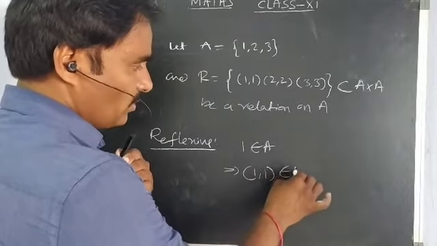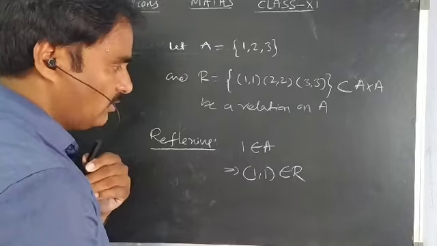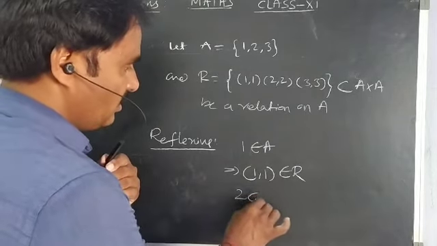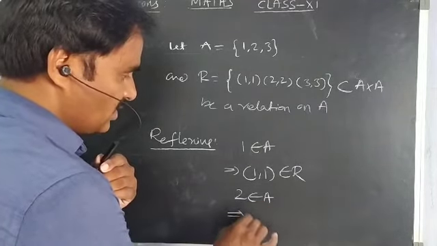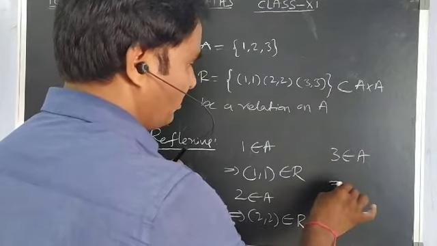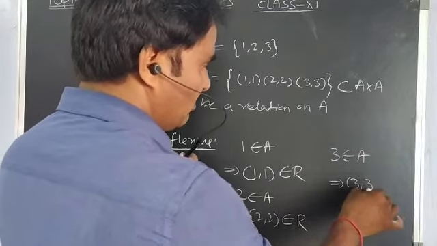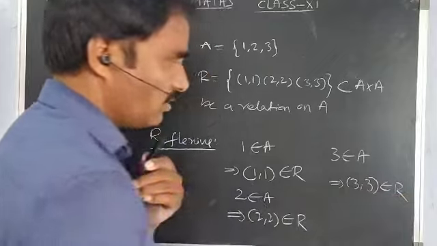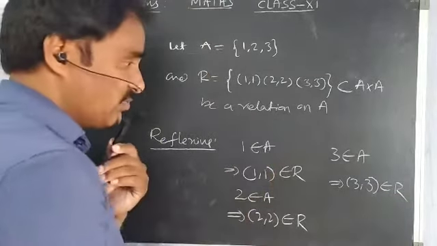Belongs to R? Yes. Next I am taking 3 in A, construct (3,3). Does it belong to R? Yes, belongs to R. So all ordered pairs satisfy the condition.